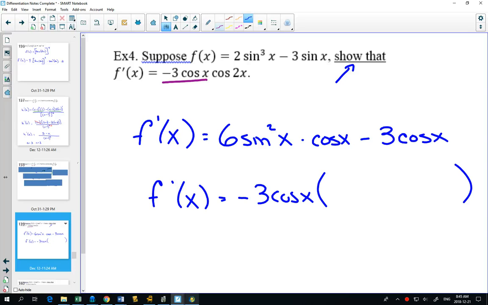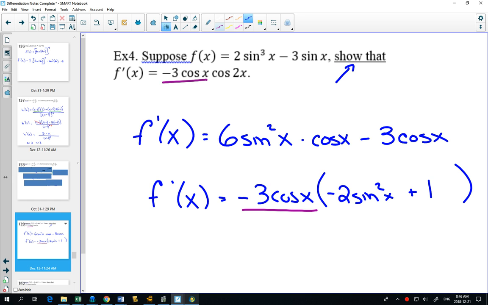By factoring this negative 3 cos x, I'm hoping that there's going to be something I can do in the brackets that gets me to that cos 2x. I'm going to just be that much closer. So I factor out the negative 3 cos x, and I'm left with a negative 2 sine squared plus 1.